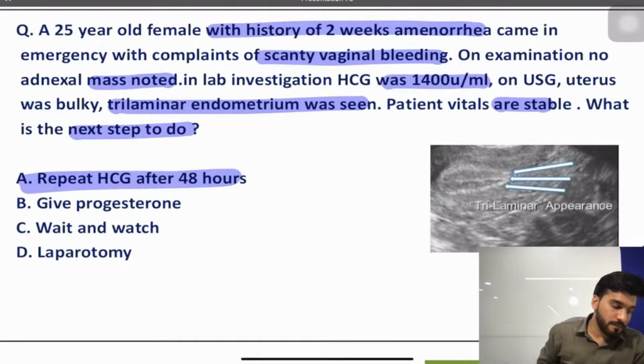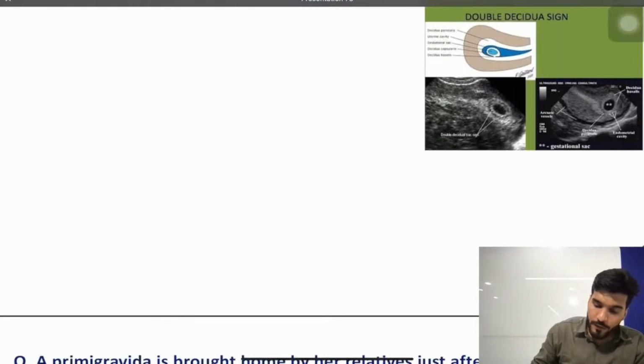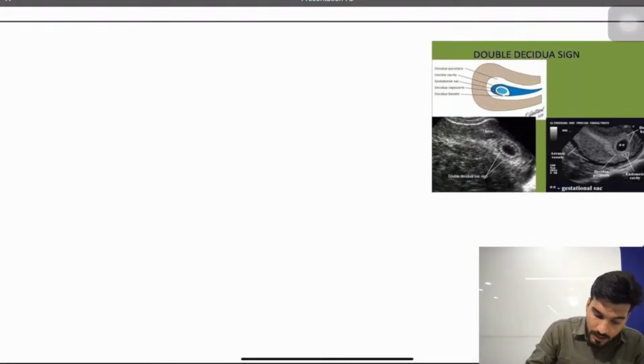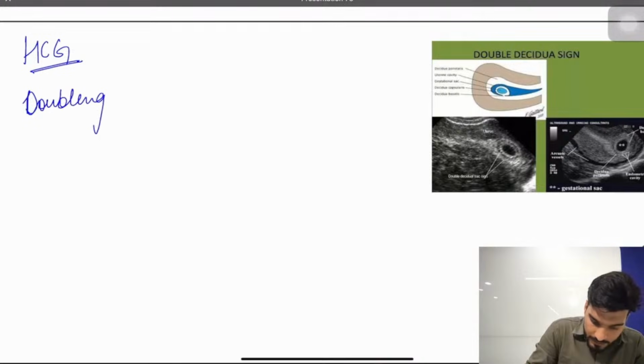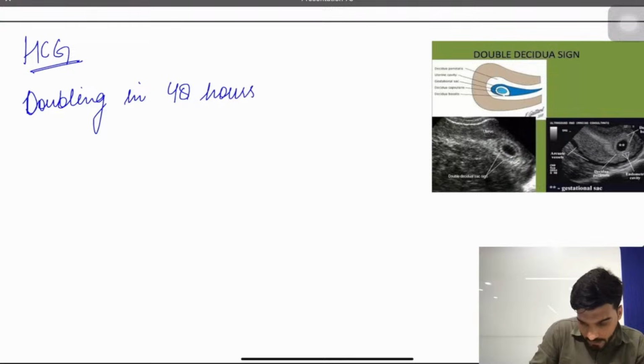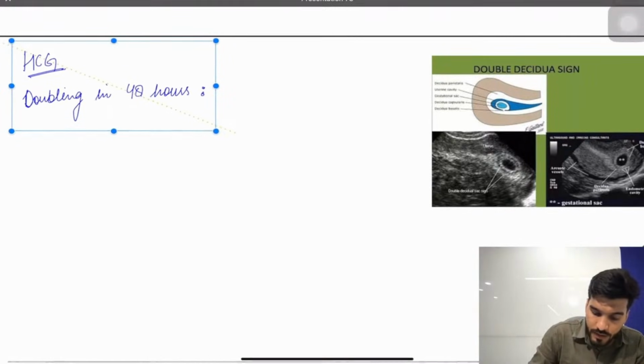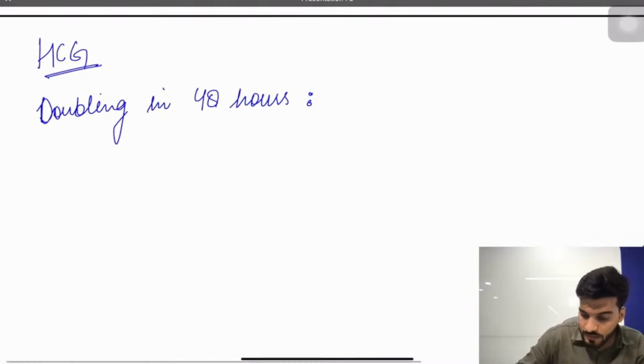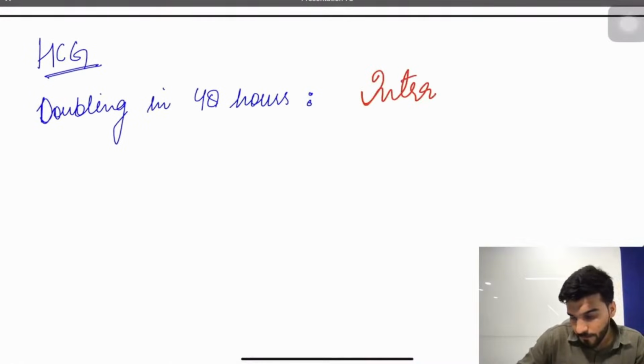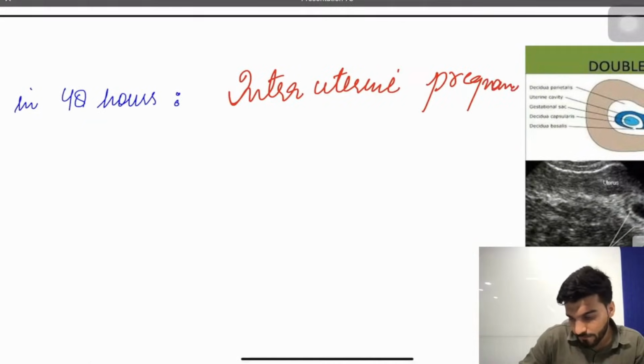Okay, now let's understand. Now if we talk about the HCG doubling, अगर HCG की बात की जाए, if it is doubling in 48 hours, sir, it is a case of intrauterine pregnancy.